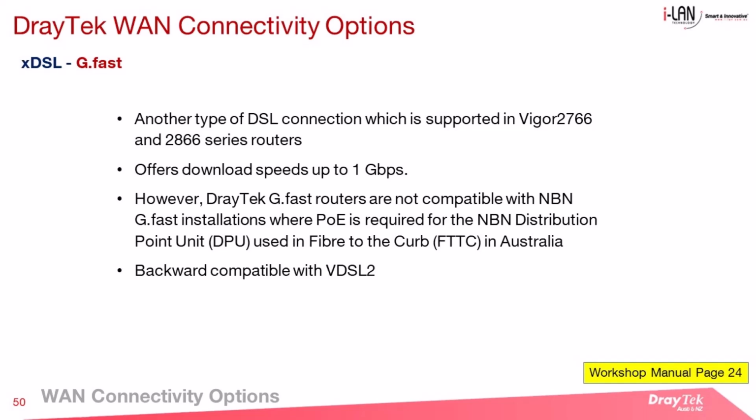But these routers are also backwards compatible with VDSL2, so they can use those as well. So basically, if the 2866 is coming up cheaper, even if you don't need G.fast, you can grab it and it'll still work fine on VDSL2.